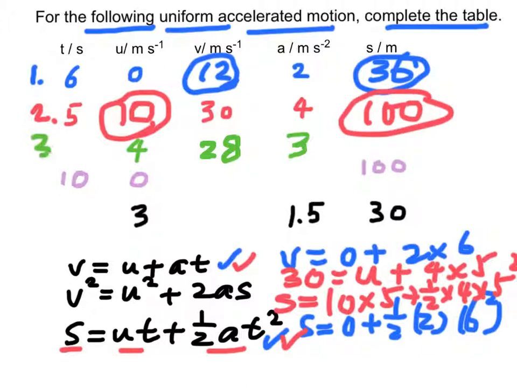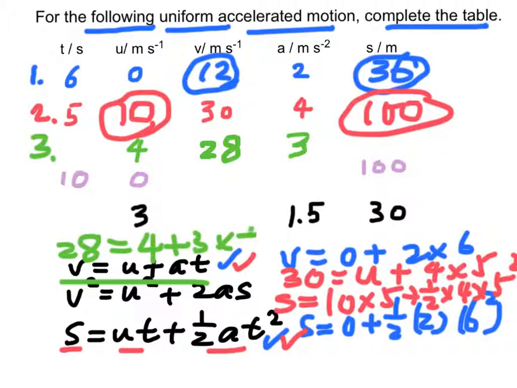For number 3, v equal to u plus at, we have 28 equal to 4 plus 3 times t. Therefore, t equal to 8 seconds. Again, v squared equal to u squared plus 2as.